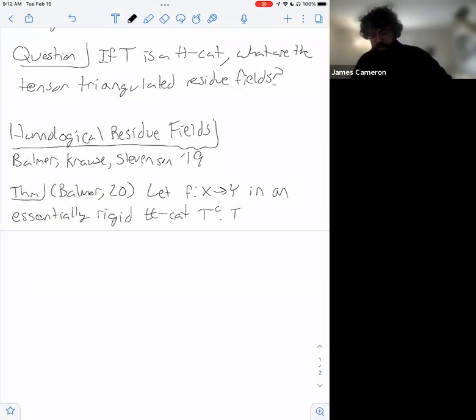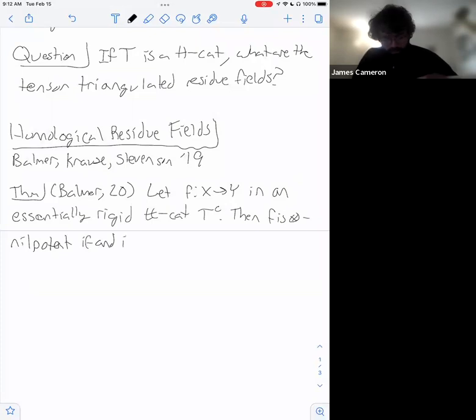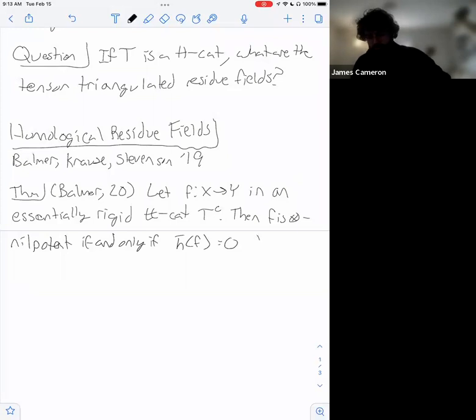Then F is tensor nilpotent if and only if this map is 0 for every homological residue field.